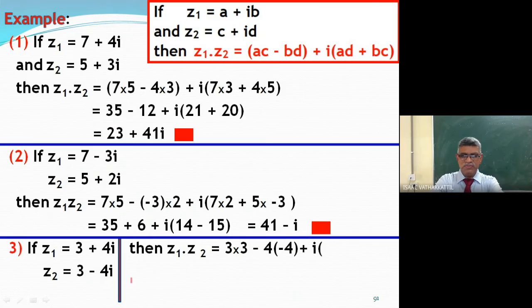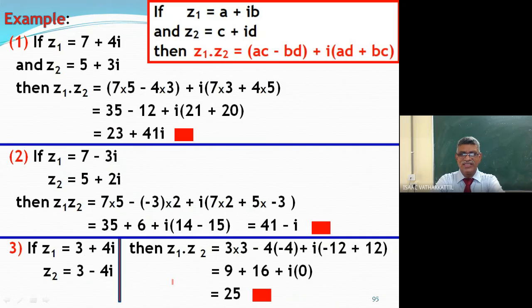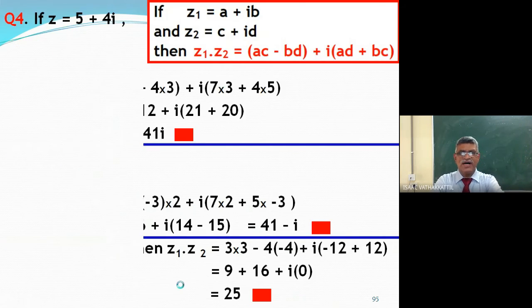What is AD plus BC? 0. Very good. So that is 9 plus 16 plus i into 0. That is simply 25. Of course, it is a real number. A complex number could be purely real also, right? Z1 Z2 is 25.